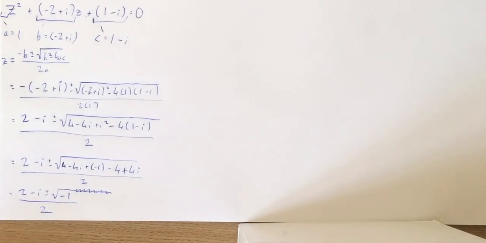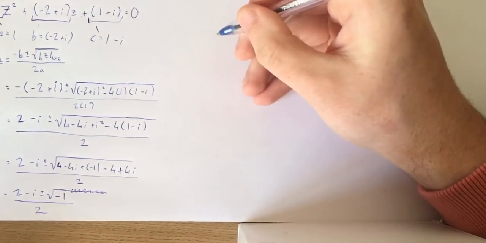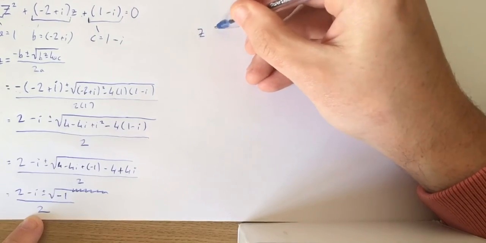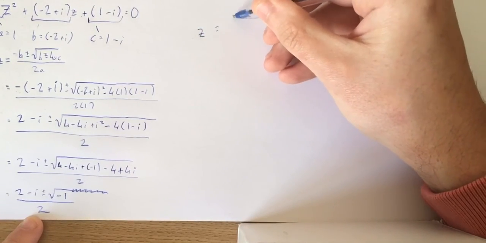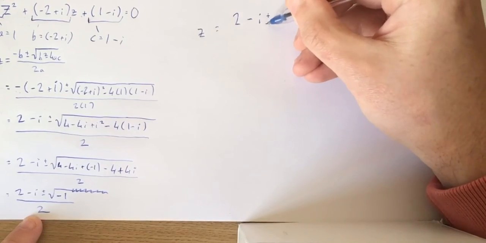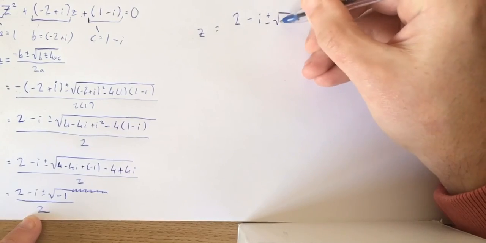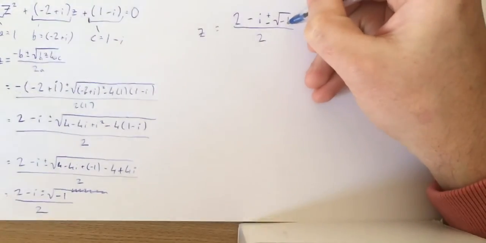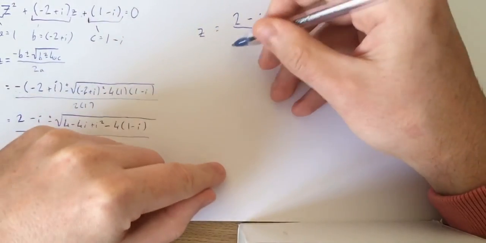Alright, just to finish off solving it, z is equal to 2 minus i plus or minus the square root of minus 1, over 2. The square root of minus 1 is i.